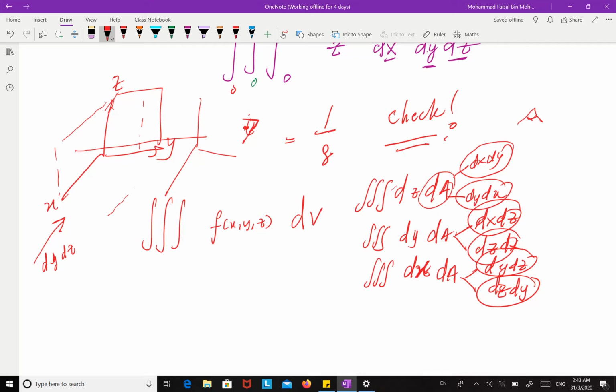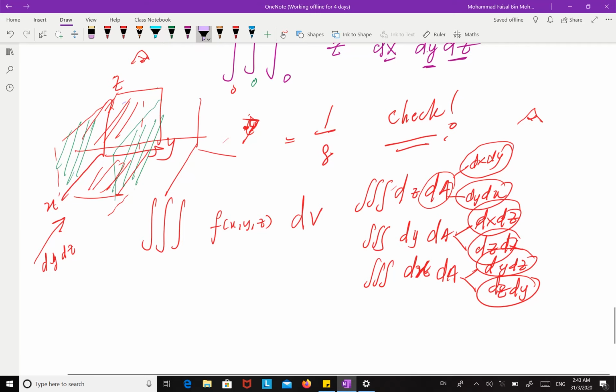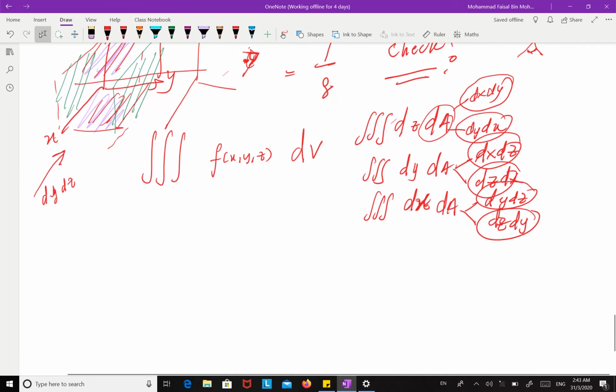So, in front and back is dy dz, dx dz will be the side, and dx dy will be above and bottom. So we have to be able to recognize these.